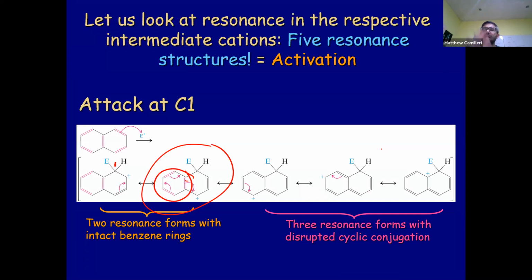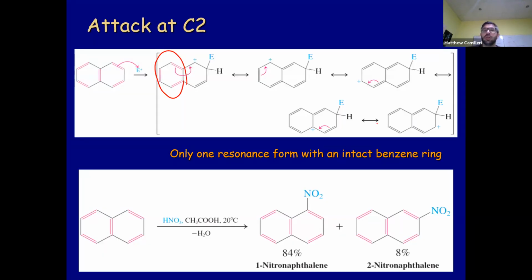But in C1, you have 2 resonance forms where you have an intact benzene ring. You have some intact delocalization on one of the benzene rings. Whereas on C2, there is only 1 position, and in the other 4, you have complete disruption of the delocalization.